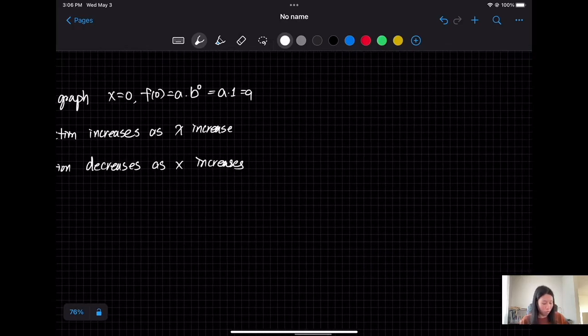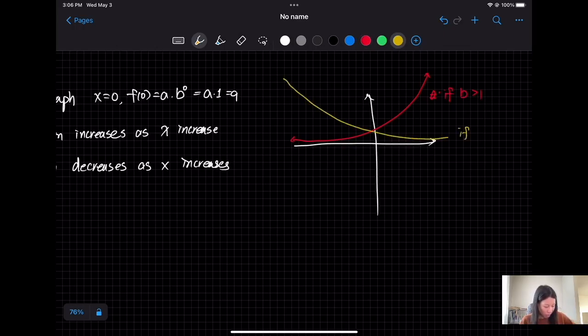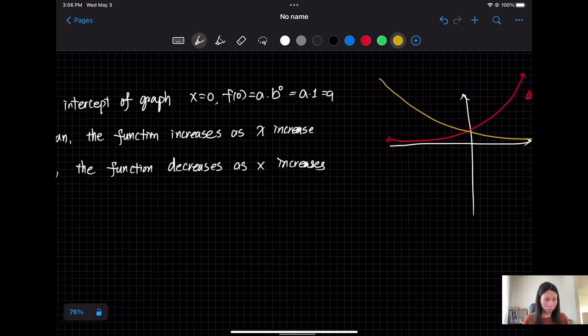So for b greater than 1, the function looks like this one. But if b is in between 0 and 1, the function decreases.